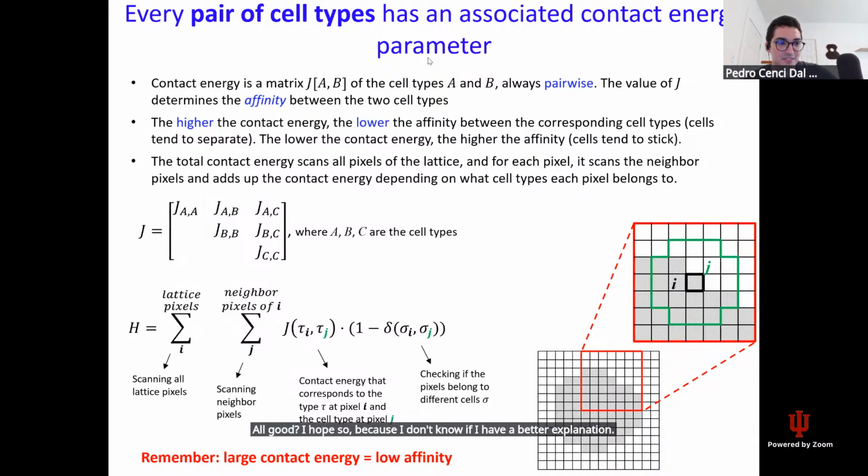Second bullet point saying different cell types tend to separate. Yeah, I don't know if I understand the question. Reply, yes. If they are inside the neighborhood, you account for them.